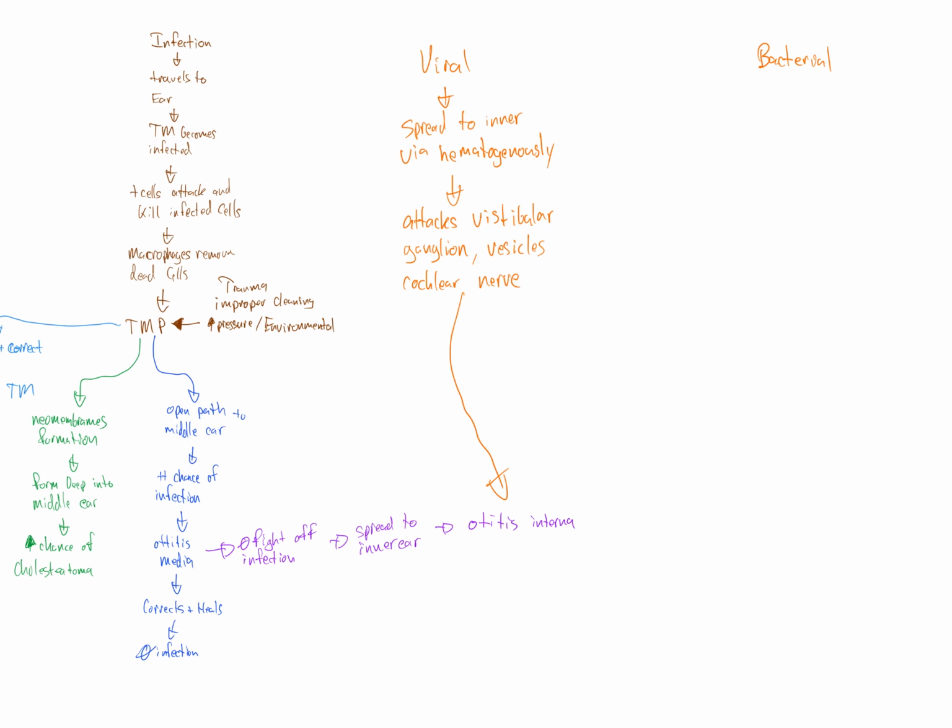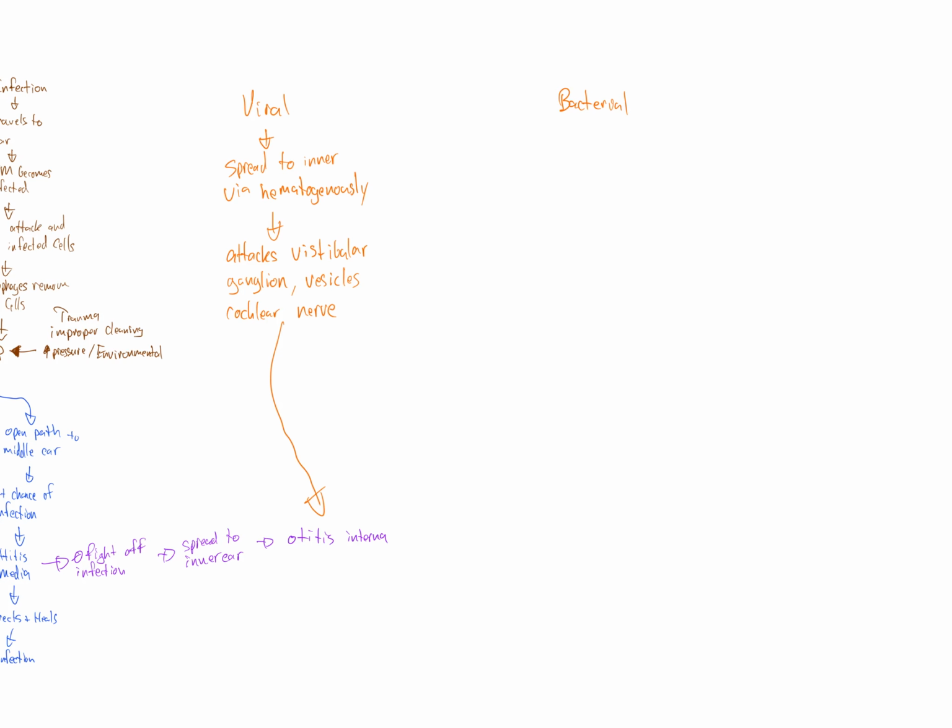Now, with bacterial, the most common cause is meningitis. The infection spreads to the inner ear via the internal auditory canal and the cochlear aqueduct.